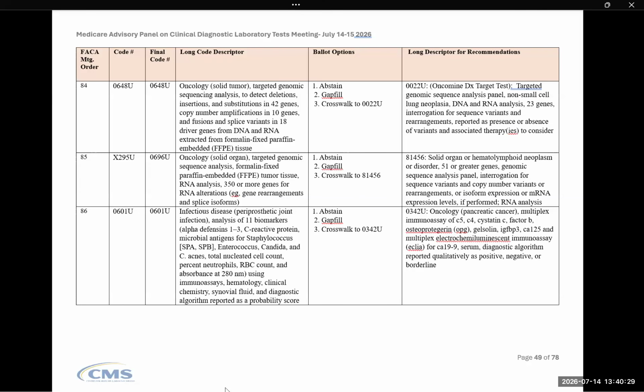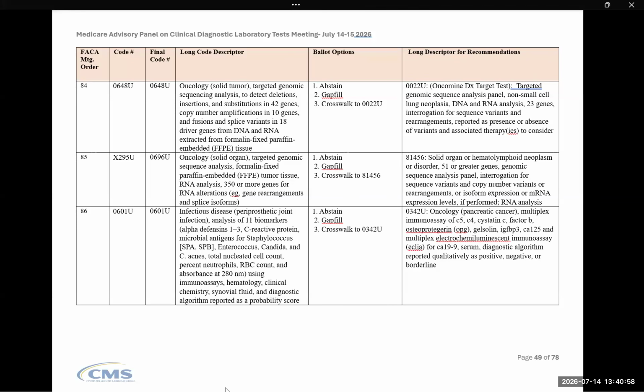multi-analyte assay that looks at both biomarkers and microbial antigens using immunoassays as well as some synovial fluid cellular analysis, and a diagnostic algorithm that's reported as a probability score. So it uses a whole lot of different methods. The sponsor and AdvaMed both agreed that a crosswalk to an oncology test, 0342U, was appropriate.